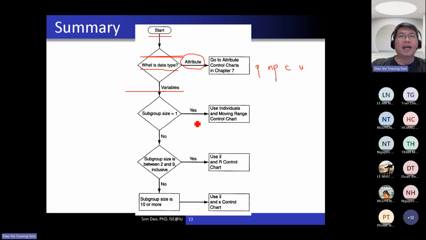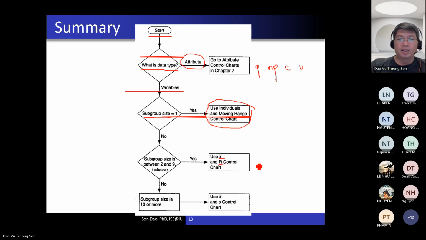If we can only take a very limited number of measurements, meaning the subgroup size is 1, then the only option is the individuals and moving range control charts. If the subgroup size is between 2 and 9 inclusive, then it's better to use X bar and R charts.